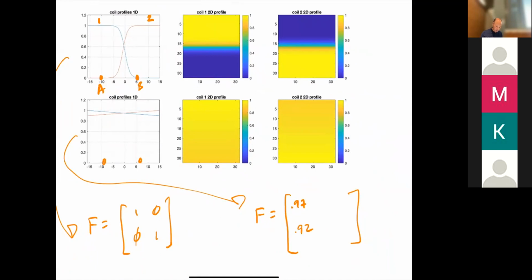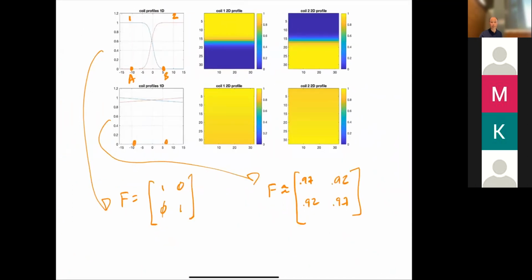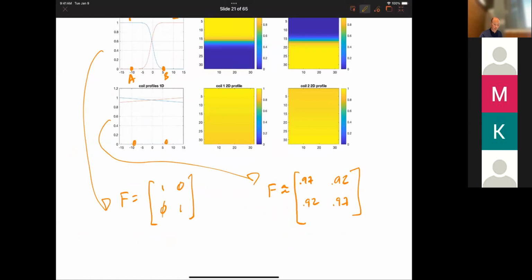And then vice versa, it's probably the same: 0.92, 0.97. Okay, so those columns are very similar. So then we're going to get much more noise amplification, right? So when you do your homework, just play around with how you set up the coils, be creative and play around with different coil profiles, all right? But that's the basic intuition we have.